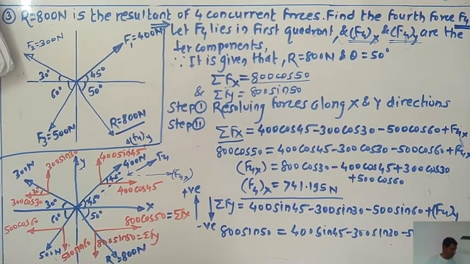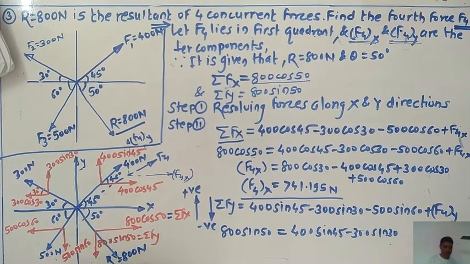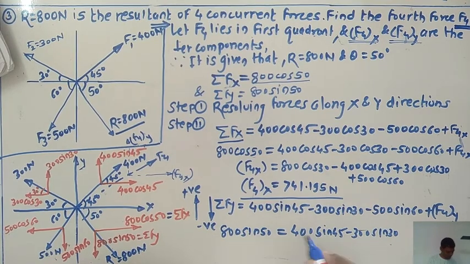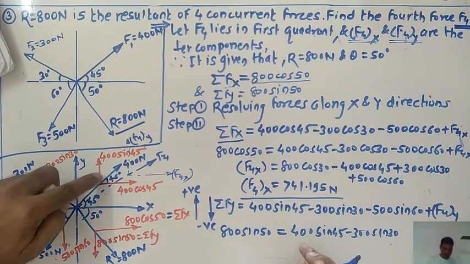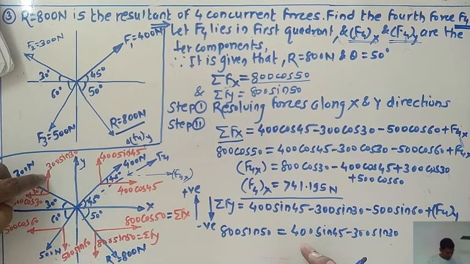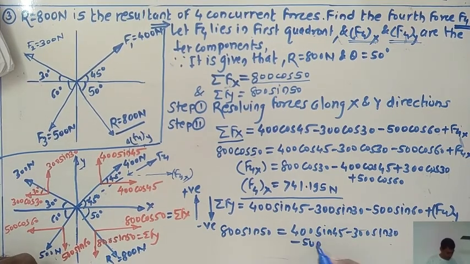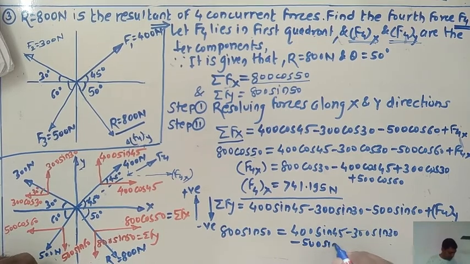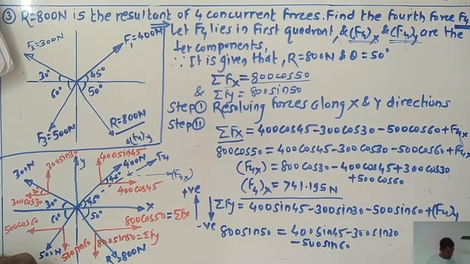On this step, I think it is not visible to you, so I'll make changes here so that you can easily view the process. Here the 400, we have considered this one. Next one is here, magnitude 500 sine of 60. So what about this F4y with us?